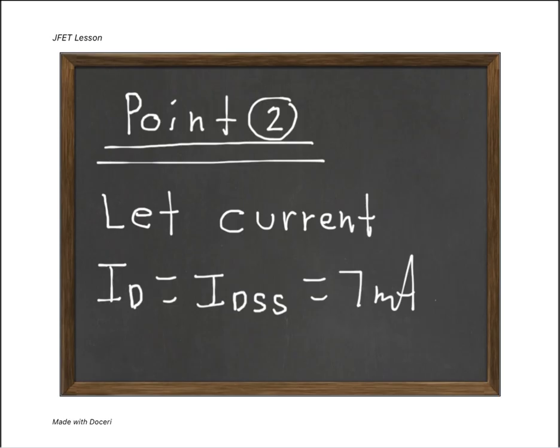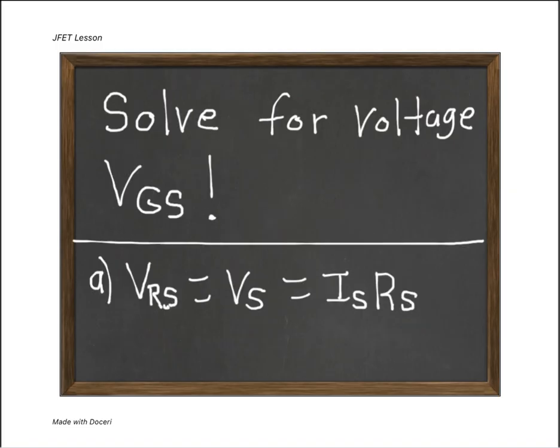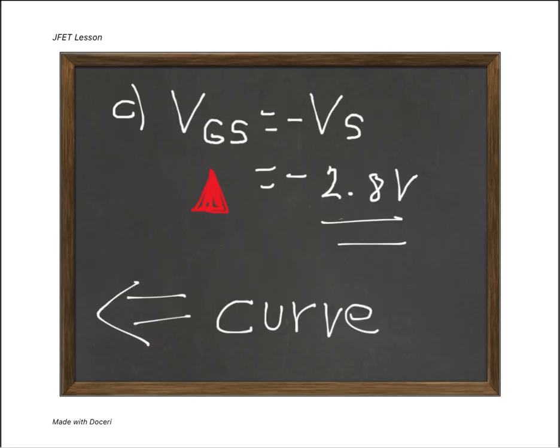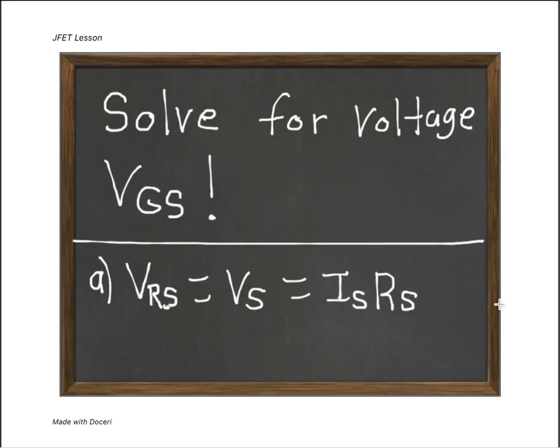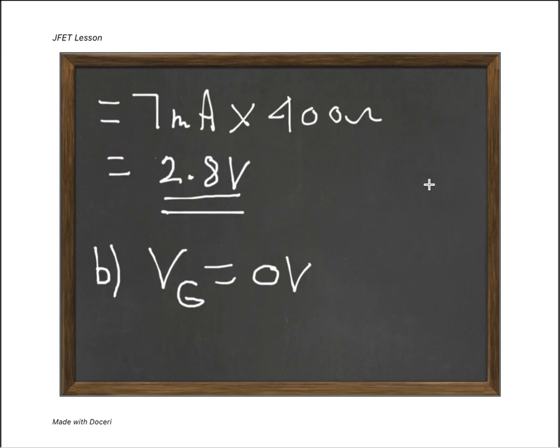Point 2 is assume the drain current is at its maximum IDSS, which in this example is 7 milliamps. Solve for VGS. Now, do I have a diagram? Okay. So basically, let's go to this one. I have more room. Okay. Gate resistor.